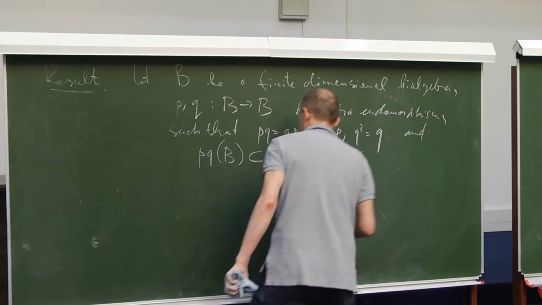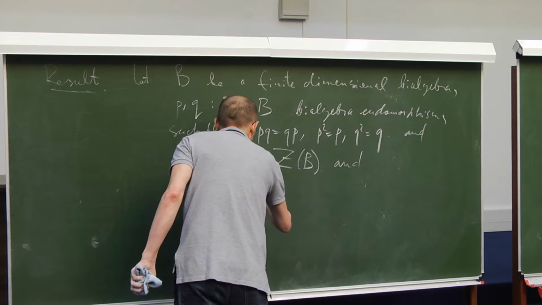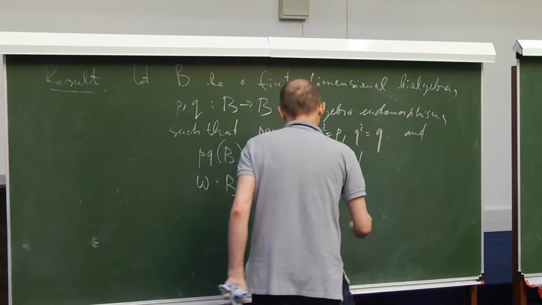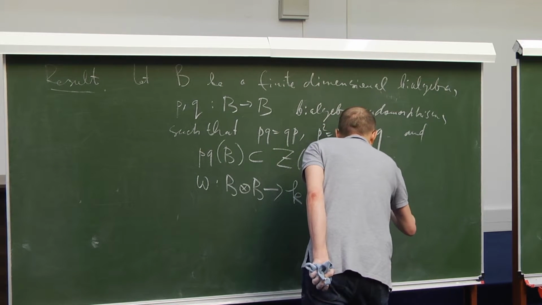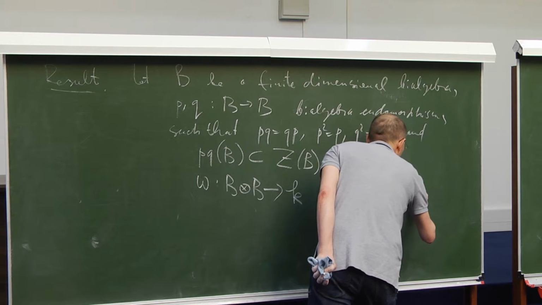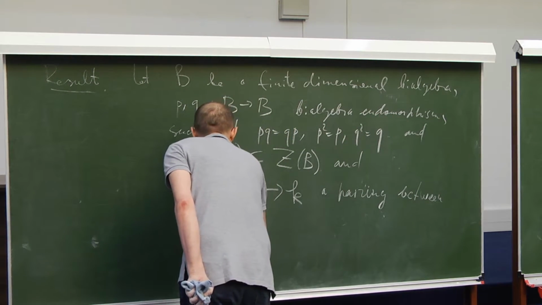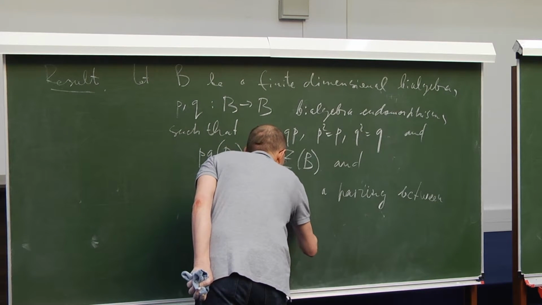And omega, a map from B tensor B to the ground field, a pairing between B and B opposite and co-opposite.